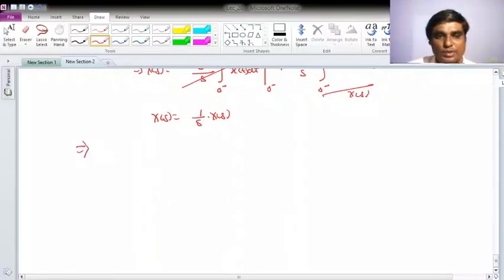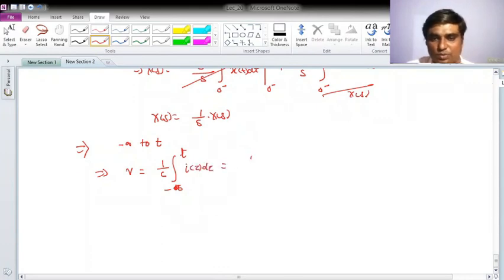Now it is to be noted that in general electrical circuits, the integral goes from minus infinity to t. For example, if I would like to write the voltage across a capacitor, it will be 1 over C integral from minus infinity to t of i of tau d tau.